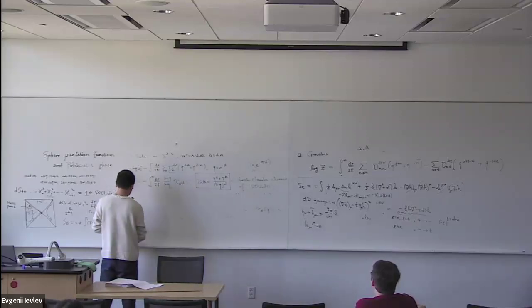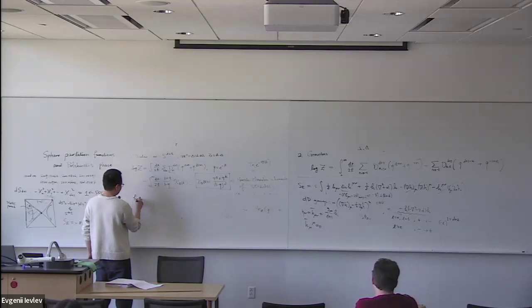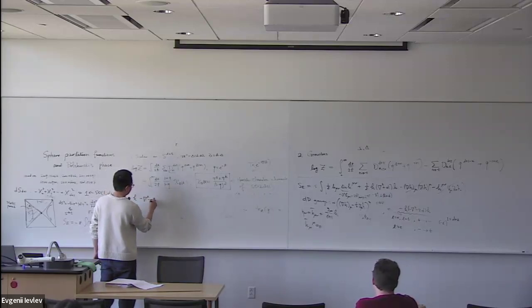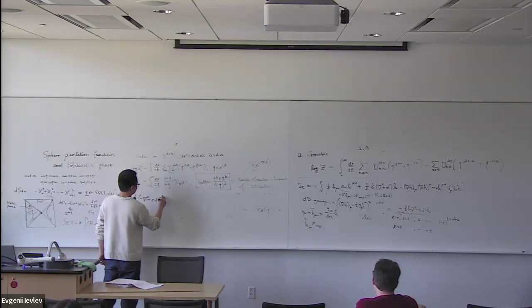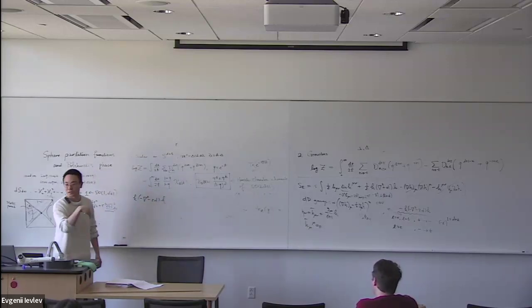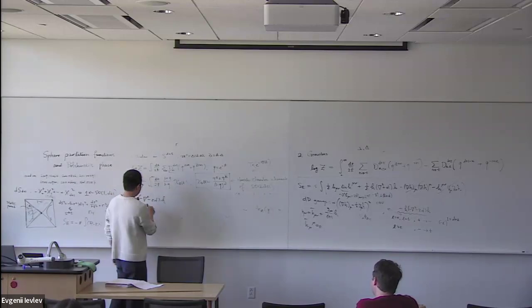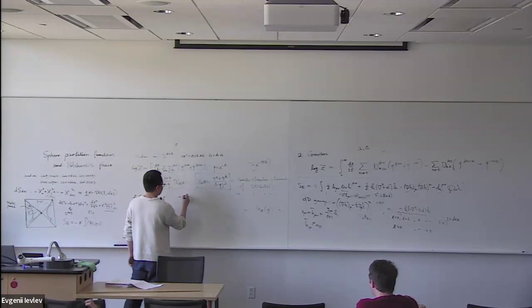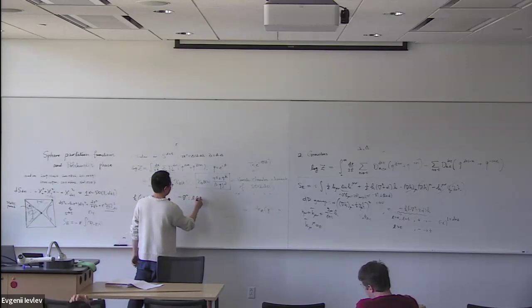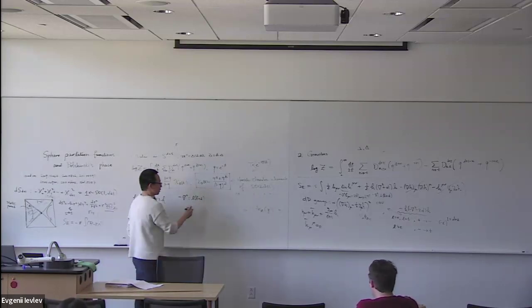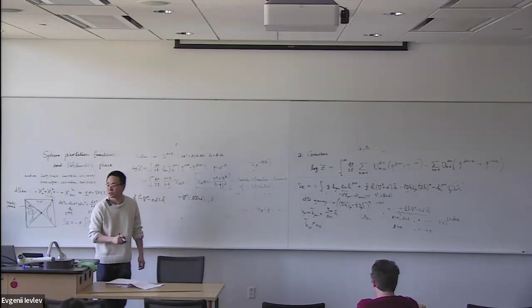Okay, so this is the action, right? After you rotated the contour of the field. So this operator has eigenvalues L times (L plus D), and L labels spherical harmonics on the sphere.